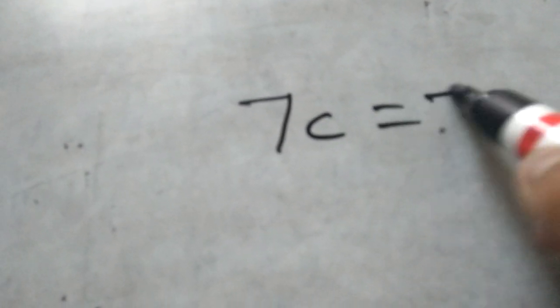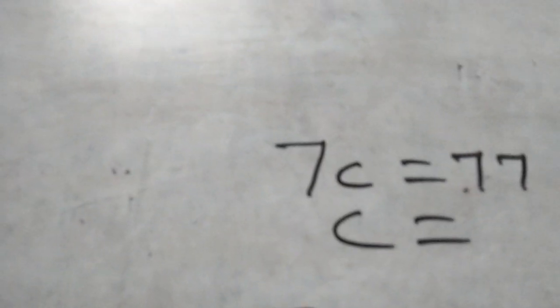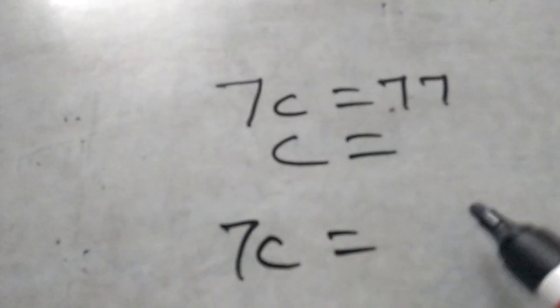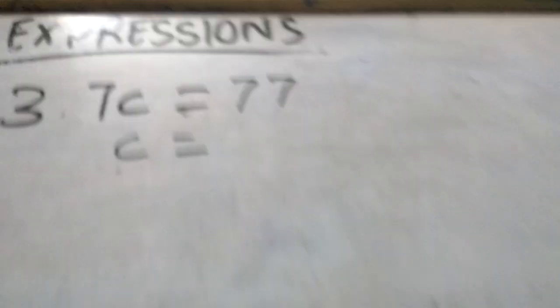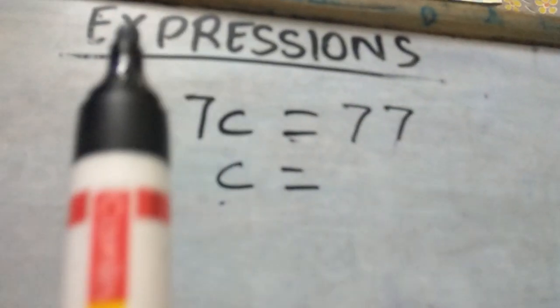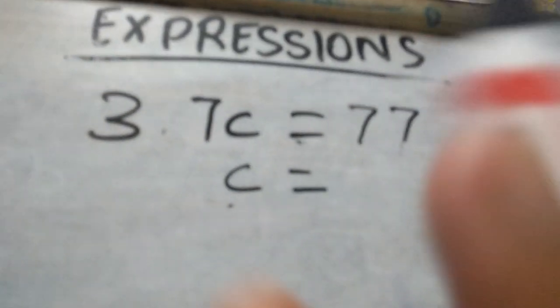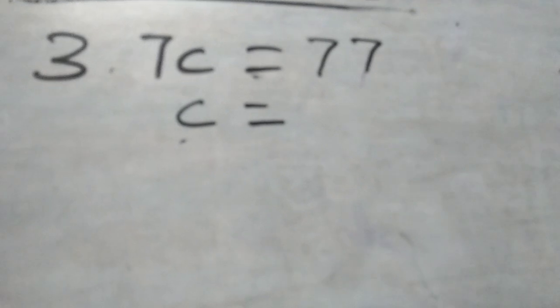And I had previously explained that 7c is equal to 7 into c. So what we understand is after going to the other side, it becomes division. So you're only supposed to do that. I hope this made it simpler for many to understand.